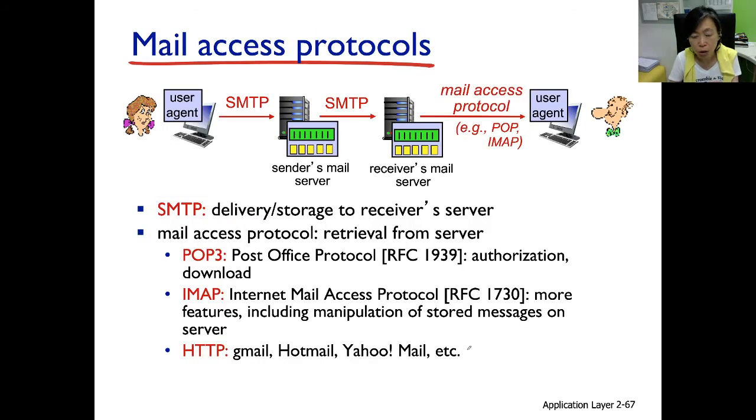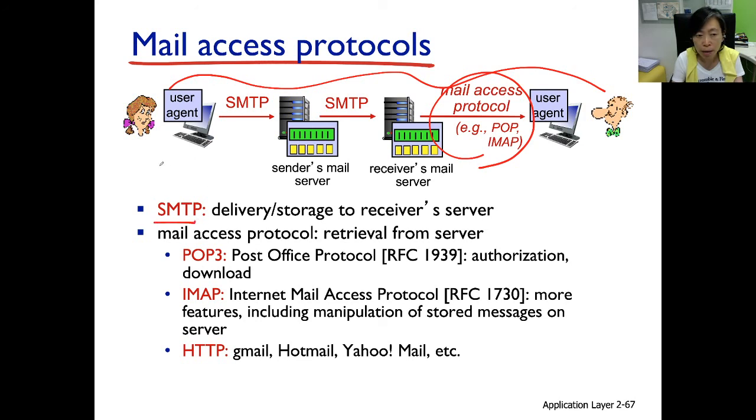Then we'll switch gears just a little bit and talk about the last part of the email application. We've talked about the flow of sending an email all the way from Alice to Bob. The mail access protocol runs here, in this part of the entire flow.